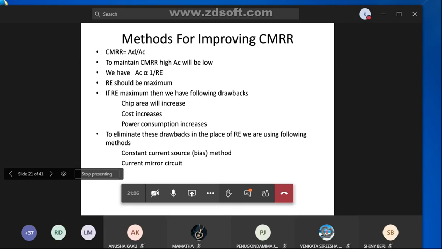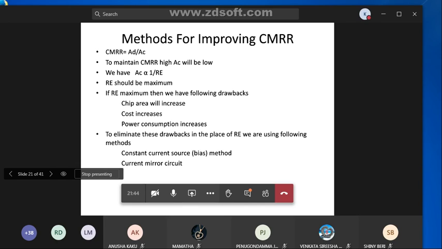The chip area increases, the cost increases, and the power consumption also increases. So that's why RE should not be maximum.